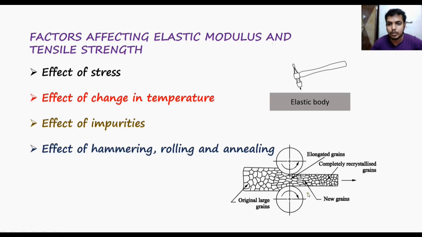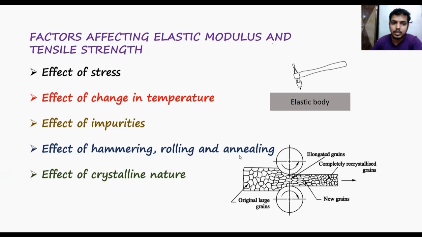That way we can modify the modulus, for example by hammering, rolling or annealing. Annealing is heating and then cooling: we heat it to a high temperature and cool it very quickly, like with ice water, as in water cooling, and that changes the modulus of the material.